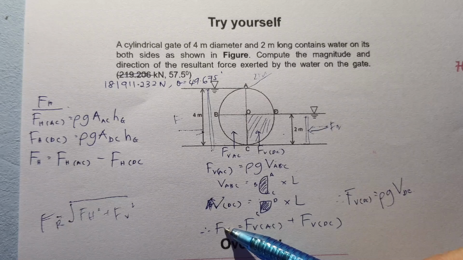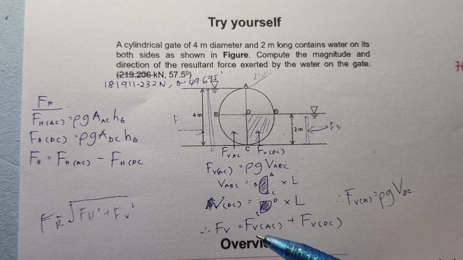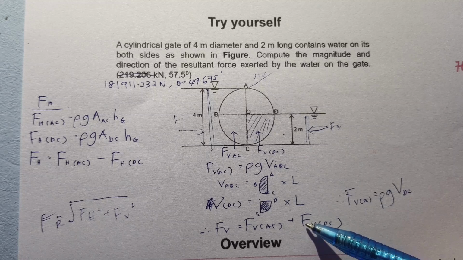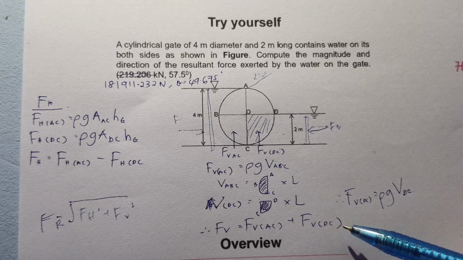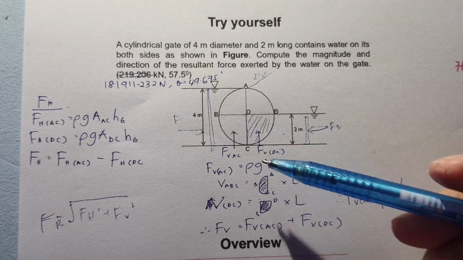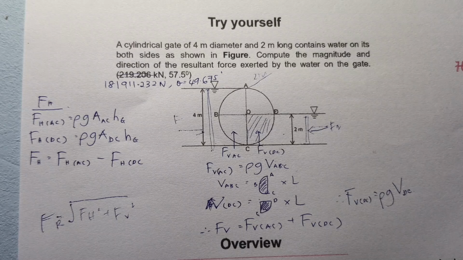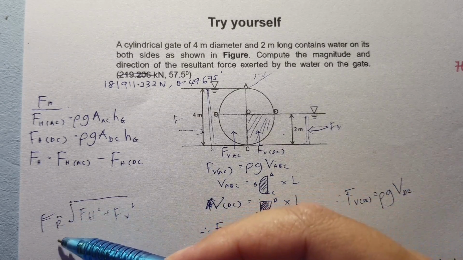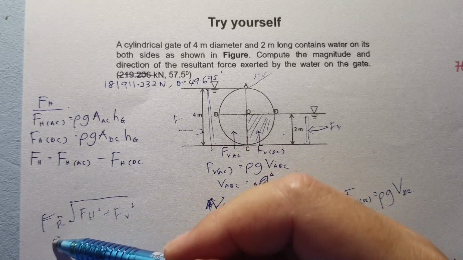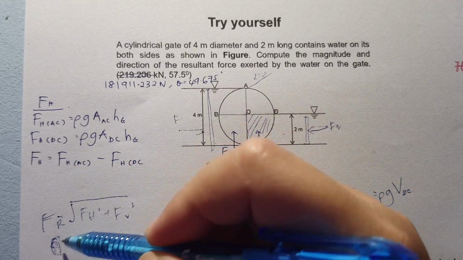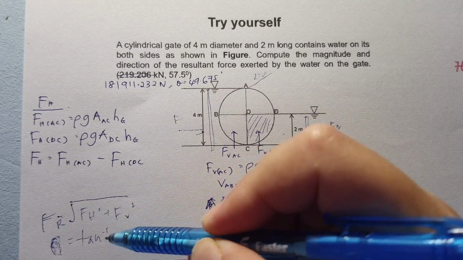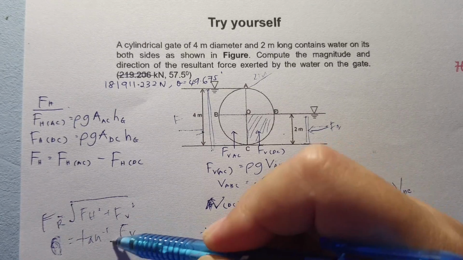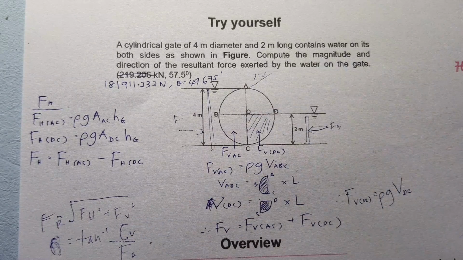After that, the overall force in vertical direction equals force in vertical direction AC plus force in vertical direction DC, because both are upward. Okay, so after we get force in vertical direction, plug it into the equation and we can calculate the overall theta from FV over F horizontal.